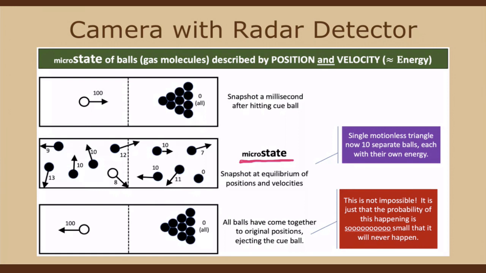The single motionless triangle that we had at the top is now 10 separate balls moving all over the place, all with their own energy and their own direction. Havoc is happening. What would be the chance that all 10 balls would come back to a triangle, stop, and eject out the cue ball at 100 miles per hour the other way? Well, it's actually not impossible.